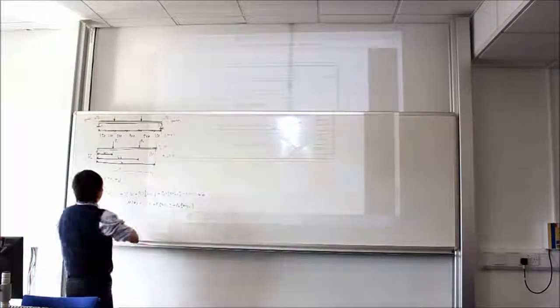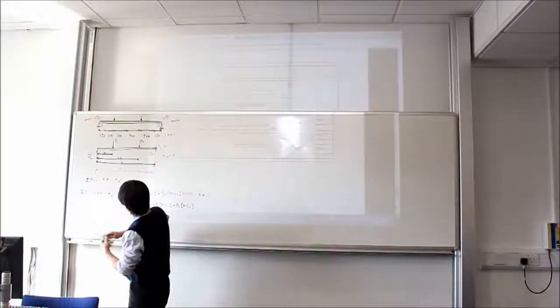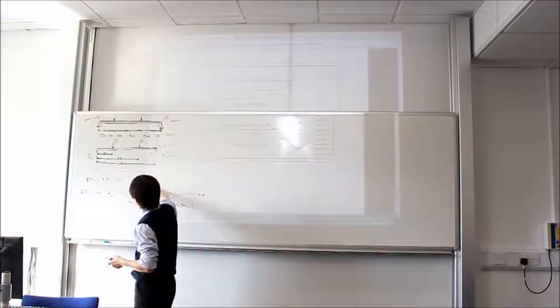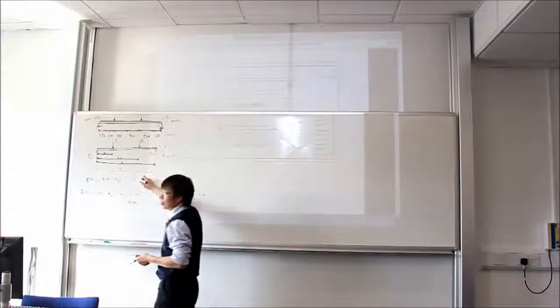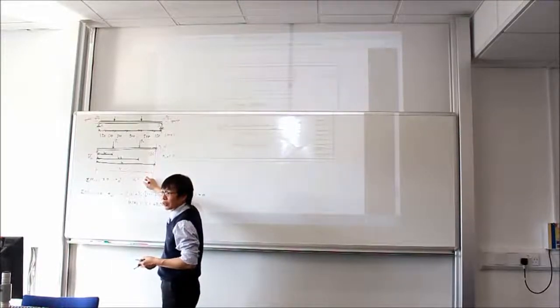So to write that out, we also need to write out all the moments that you have. For VL, VL is going to be times the lever arm. The lever arm is going to be L for this case.